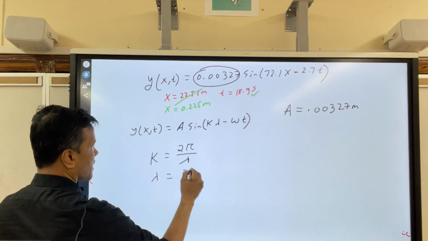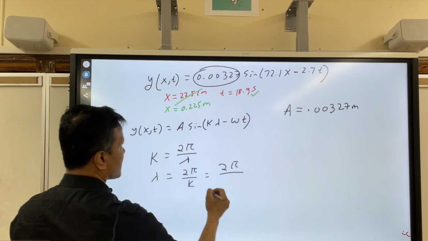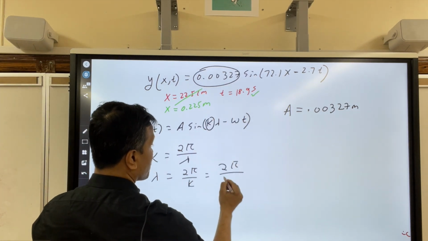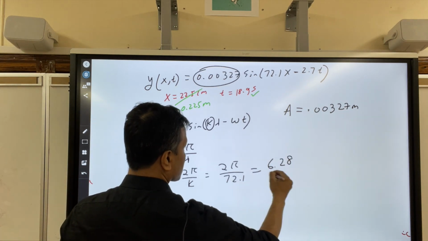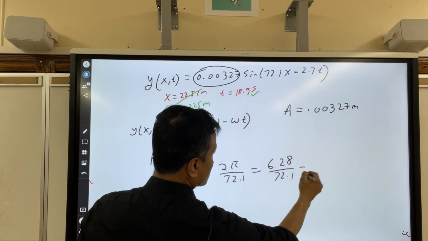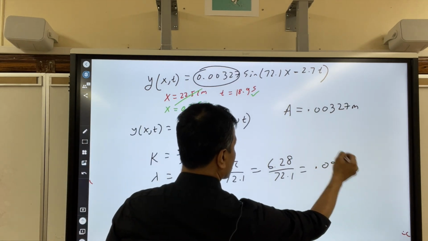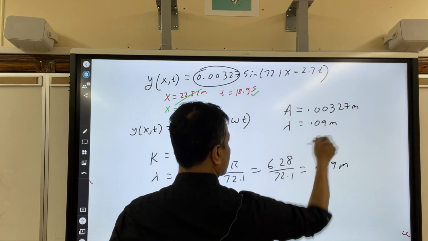Lambda is 2 pi over k. k is this, 72.1. So this is 6.28 divided by 72.1, which is 0.09. 0.09 what? Meter. So lambda is 0.09 meter.